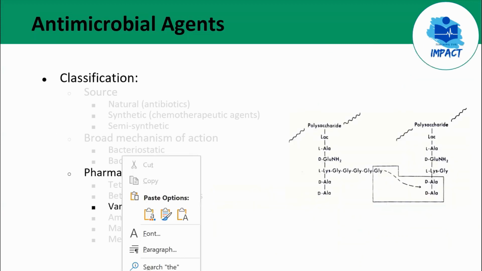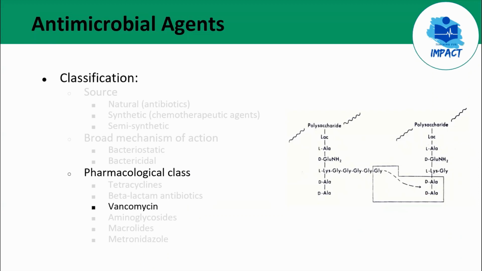So vancomycin is a glycopeptide antibiotic. And unlike penicillin G, it is a large charged molecule, which means it is not very lipid soluble, and it can only act on gram-positive bacteria because it can't cross the outer membrane of a gram-negative bacteria.